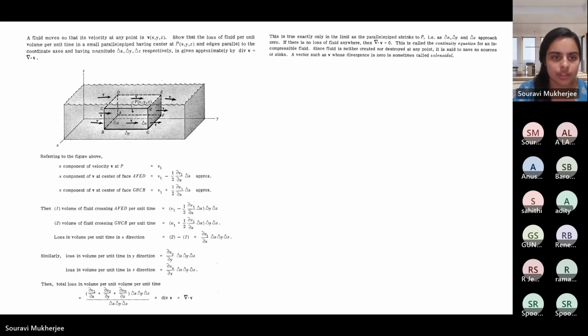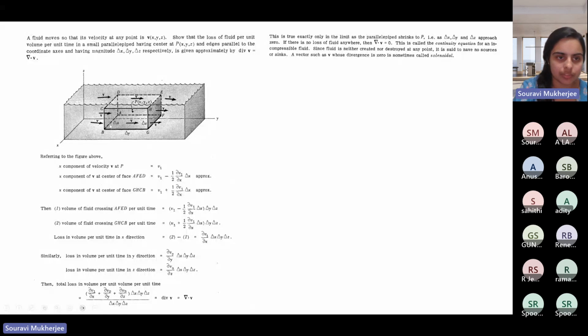Now, if you consider the divergence, this question gives you the physical significance of what divergence is. Suppose you have some fluid flowing in this direction. V is the velocity of the fluid, and V is a function of x, y, and z.